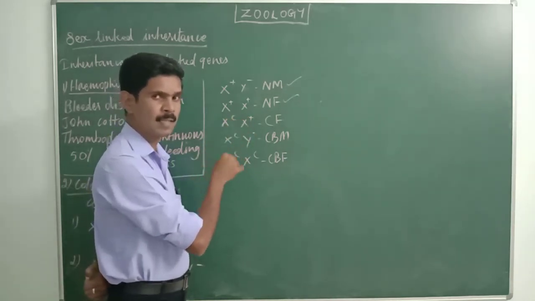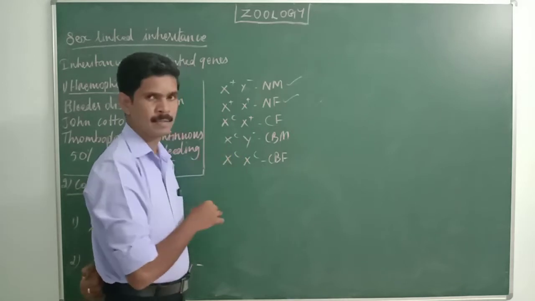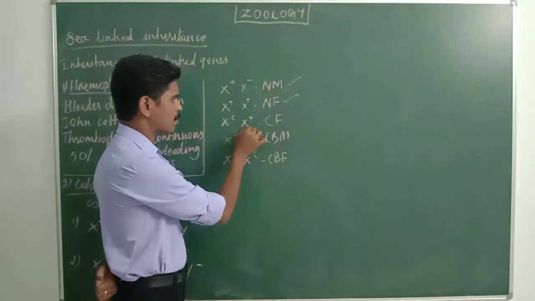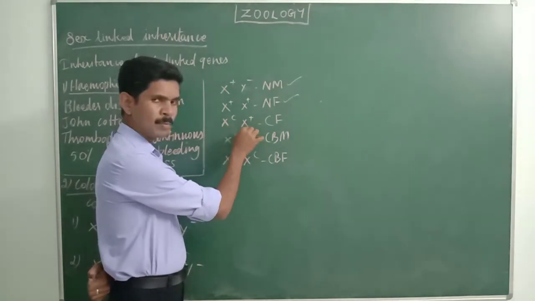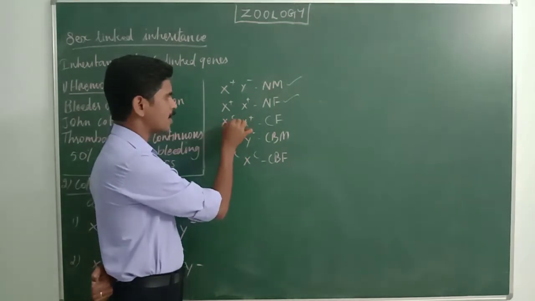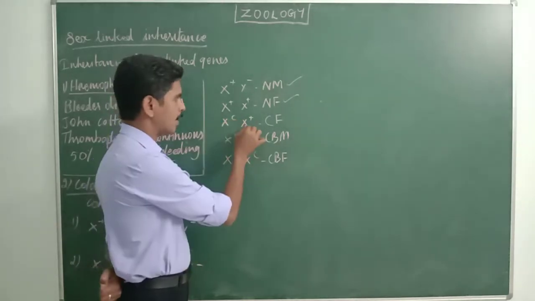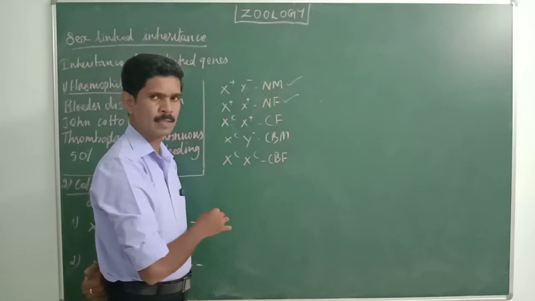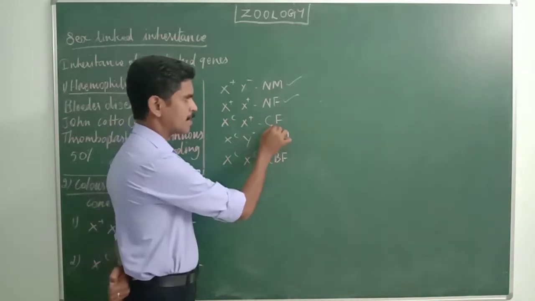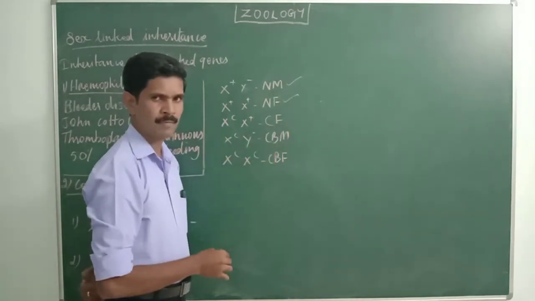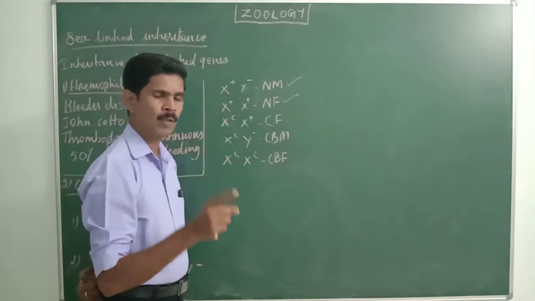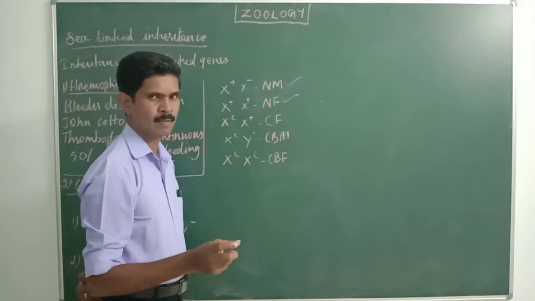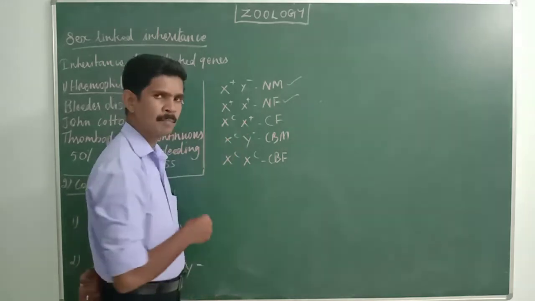Two sex chromosomes are there, both X chromosomes, but one X chromosome is affected with color blindness and the other X chromosome is normal. So this female is a carrier female. Two X chromosomes are there, but one X chromosome is mutant, that means changed into color blind.